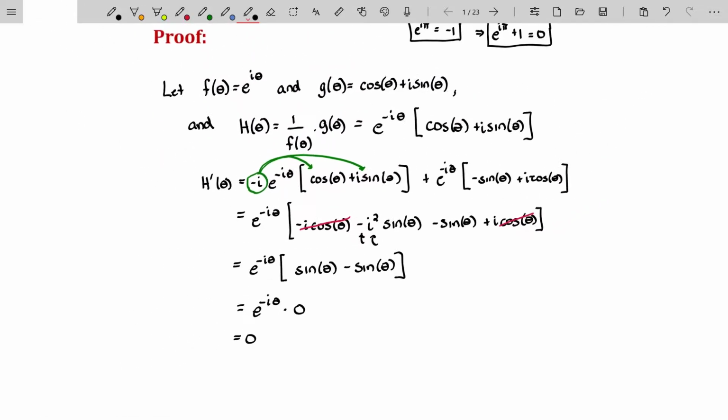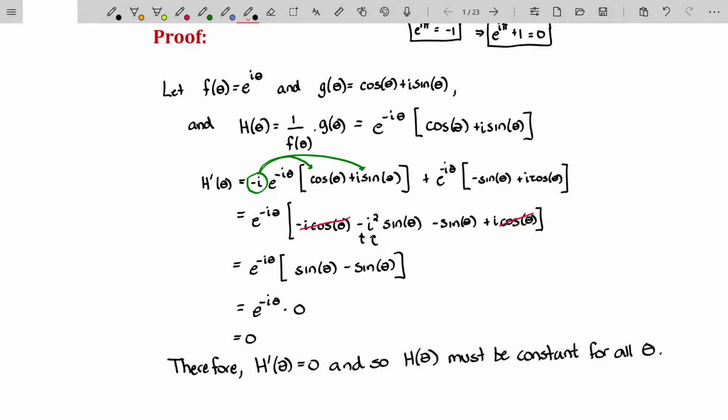Now, a theorem that we have not actually been introduced to in Calc 1 as of yet, but you will be introduced to in a future section, is that if you have a function whose derivative is 0, which we have here, h, whose derivative is 0, that means that function must be a constant.